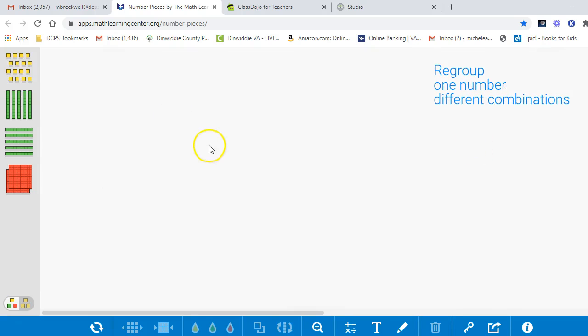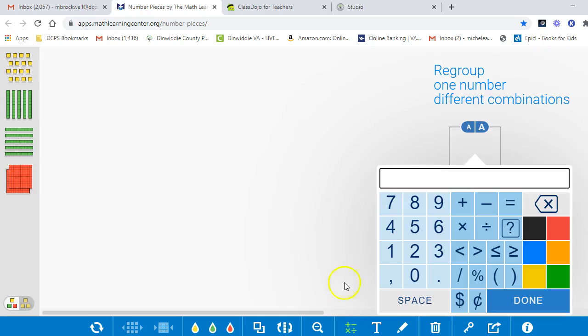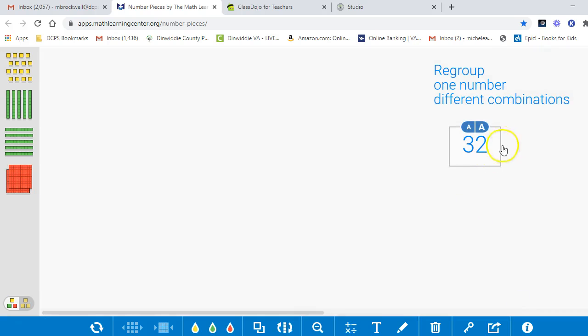All right, and I'm going to choose, let's see, let's go with a higher number. Let's go with 32. All right. So we're going to regroup 32. We're going to show different combinations for the number 32.